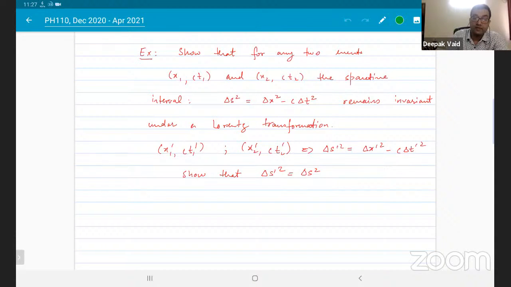So many people have raised their hands, but many people have not. So if you don't know how to use the raise hand option, please look it up. If you have a desktop, then it's easy. But if you are on a mobile, it might not be so easy, but you have to find it somewhere in the interface.